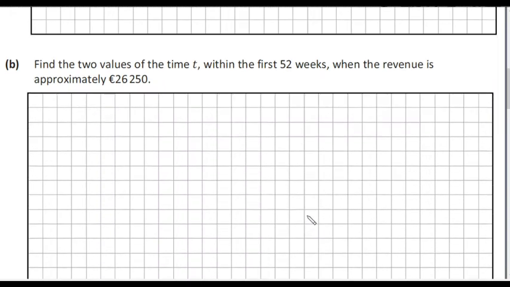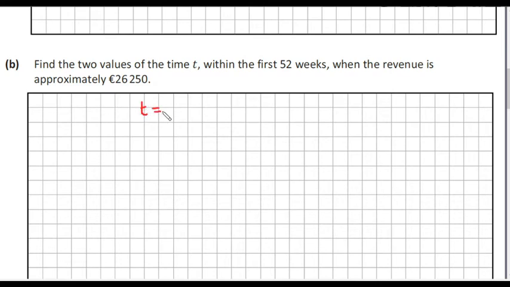Now part B here says, find the two values of the time t within the first 52 weeks when the revenue is approximately 26,250. Right. Okay, so that question's asking this really. It's saying what time is it, or how long after the beginning of July is it when the revenue is 26,250.